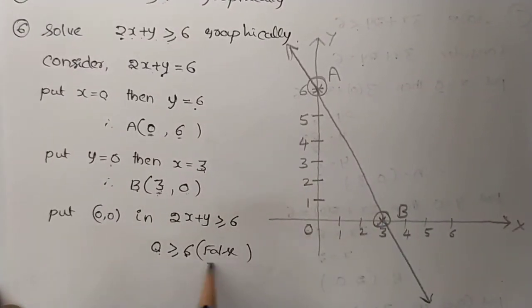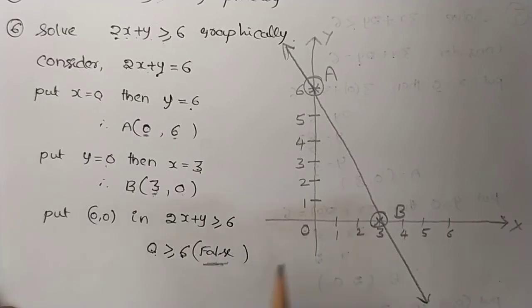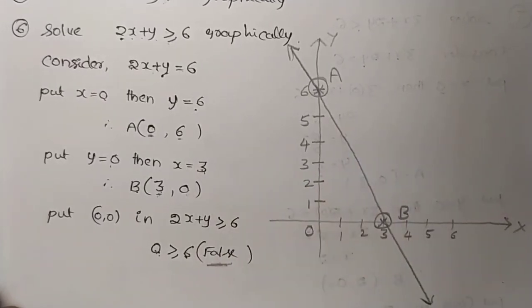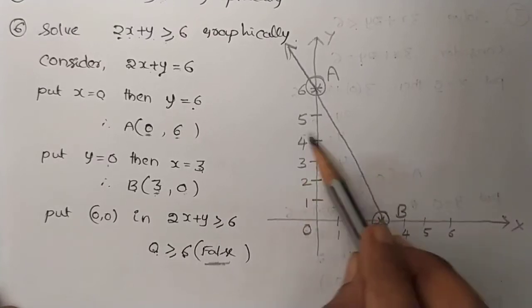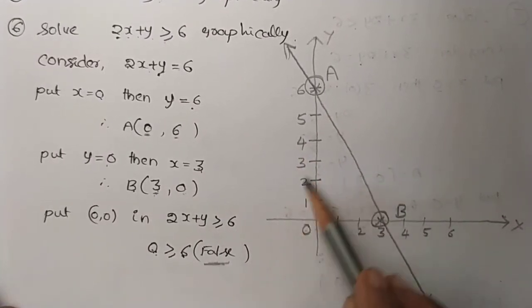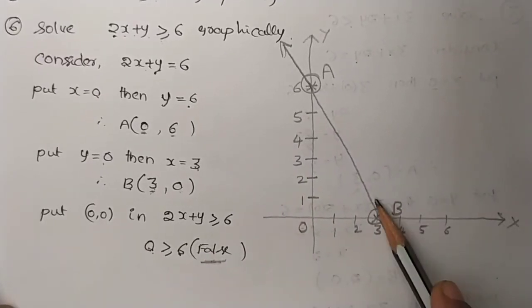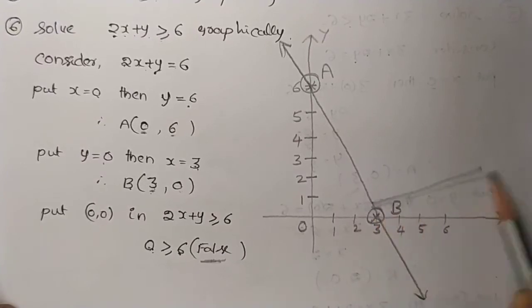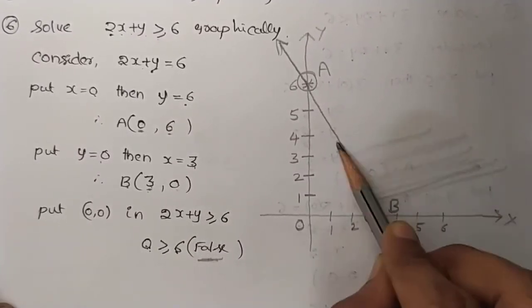Next, here the result is false. If it is false, we have to shade apart from the origin. If we shade here, then it will be towards the origin. Here the result is false, so we have to shade apart from the origin. Just shade like this.